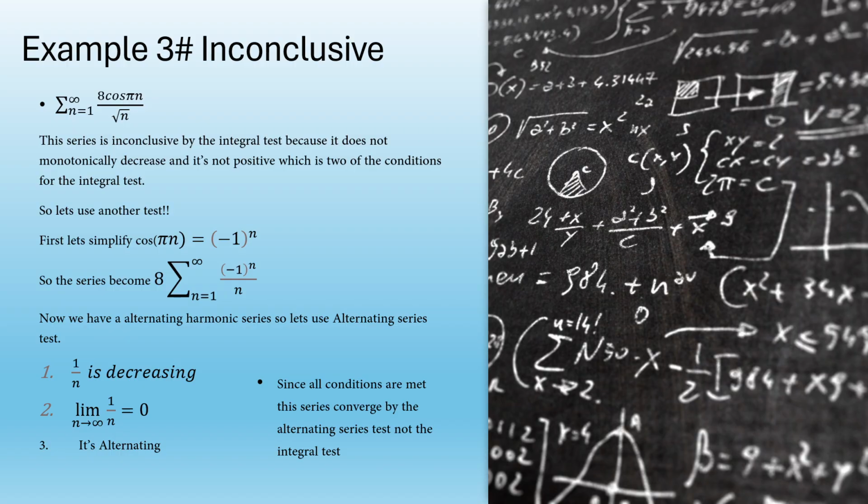Check. The limit as n approaches infinity is 0. Check. And it's alternating. Check. So, since all of the conditions are met, the series converges by the alternating series test, but not by the integral test, which is totally fine because we have other tests to use.